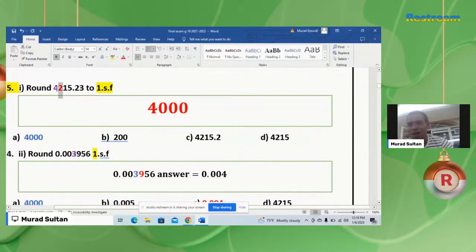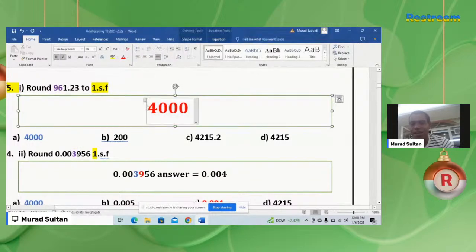If we suppose that this is a 3, or 9, and this is 6, I am going to work, learners, with the 6. The 6 is more than 5, so we should add 1 to the first digit, and all the rest should be 0. So the answer here will be what, Lorna? It will be 1000. And here the correct answer should be 1000.